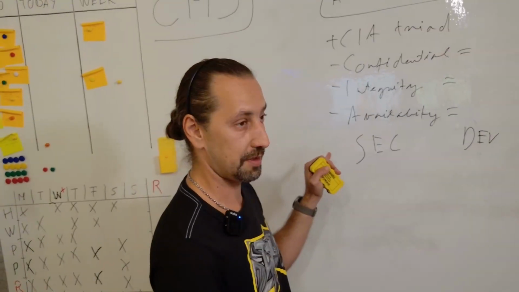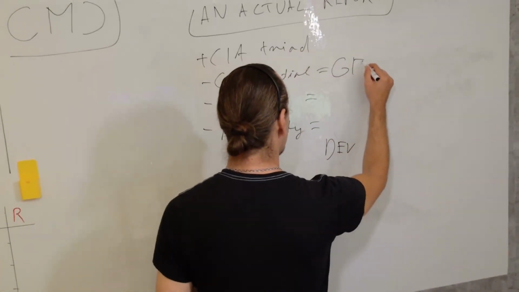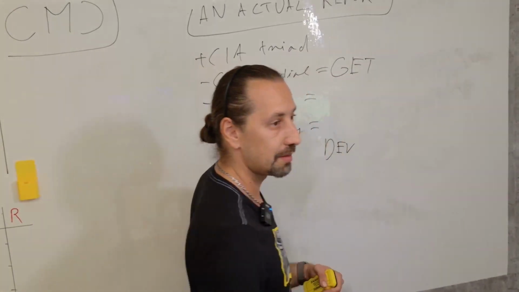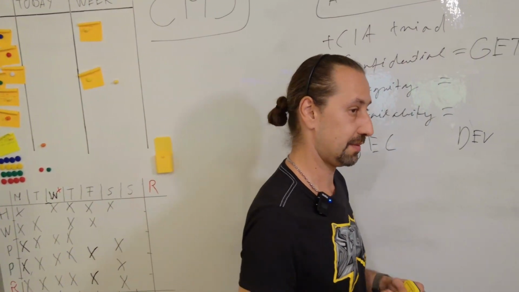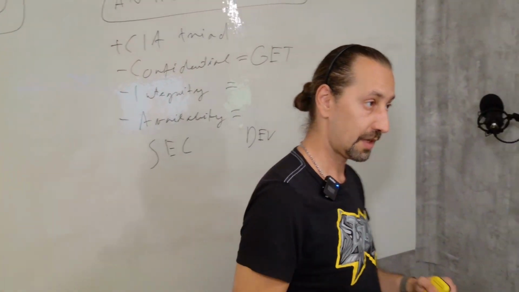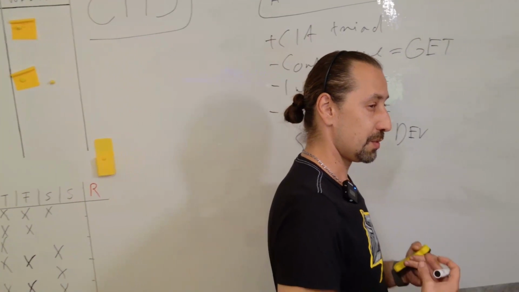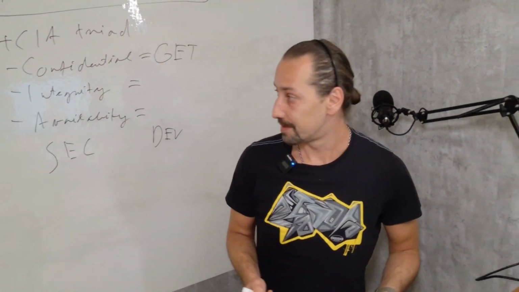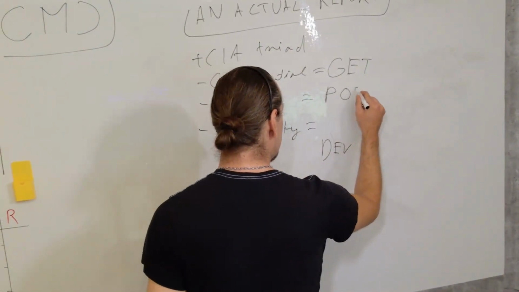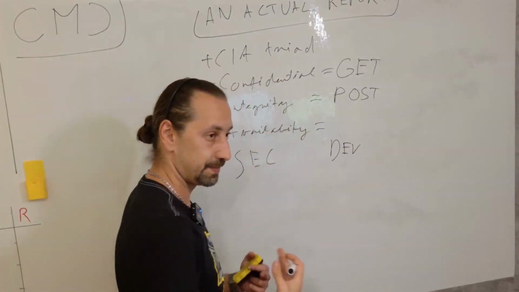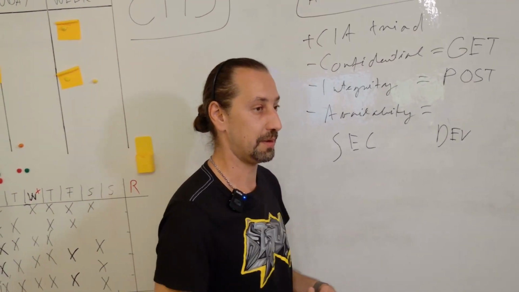What could confidentiality be? It's a GET request. Who can get the data? Integrity: who could post? Who can add new data to the dataset?